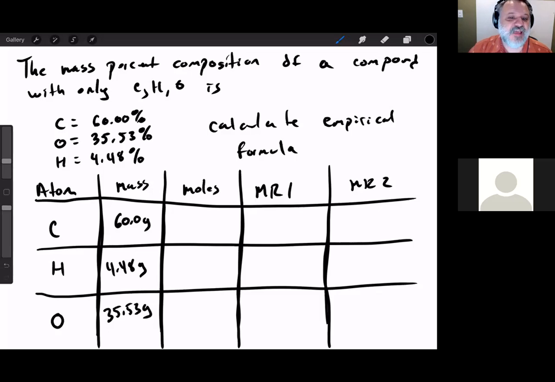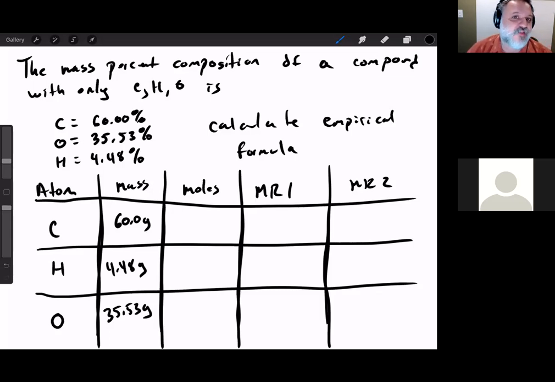But if I devise a hypothetical sample, then I can use the data to get the information that I would use in order to solve the problem. So the short of it is you can assume that it's 100 grams. You could say, what if the sample is 100 grams?